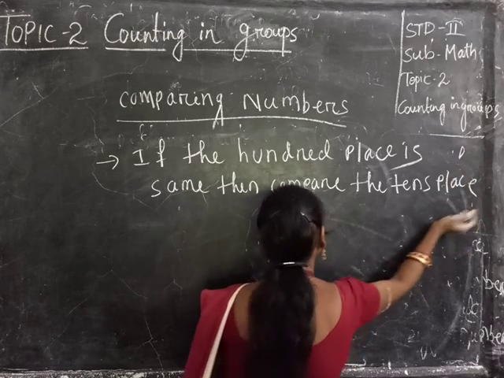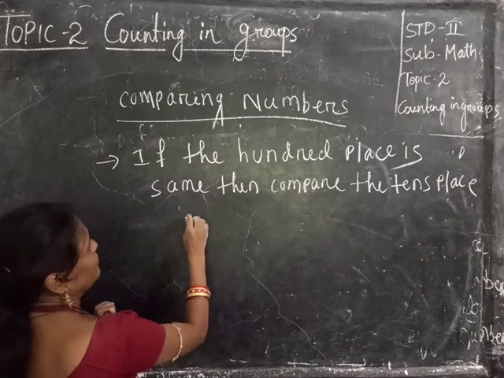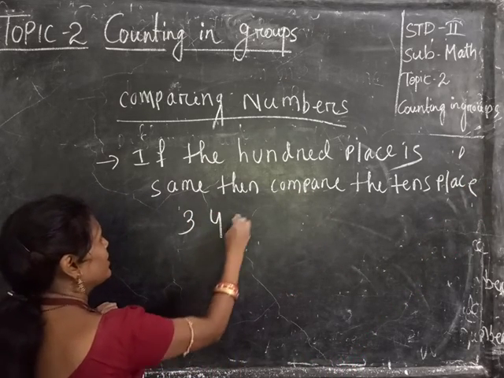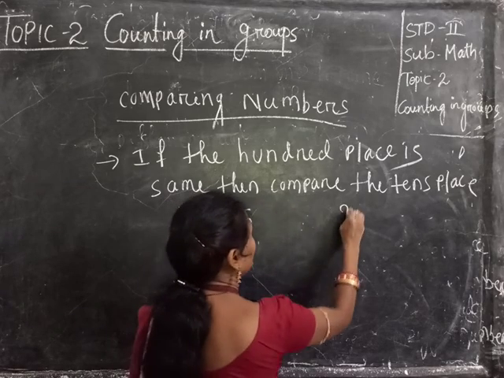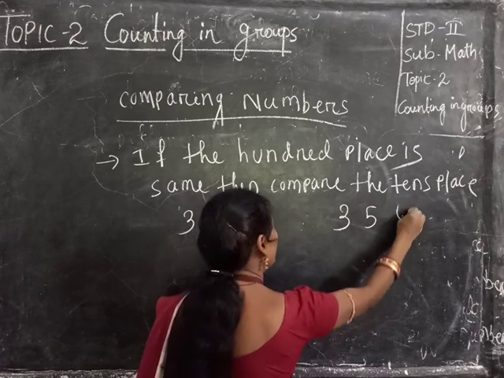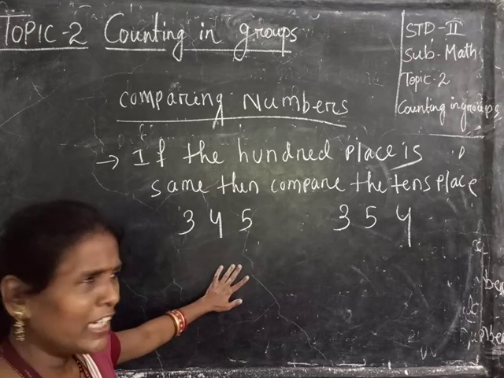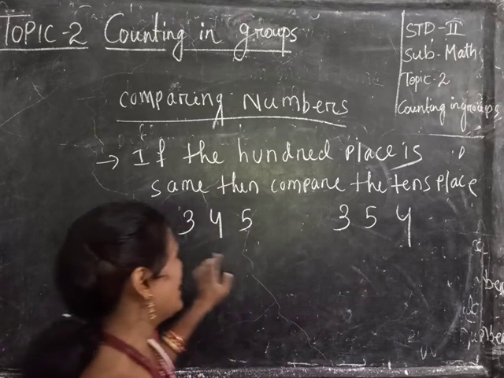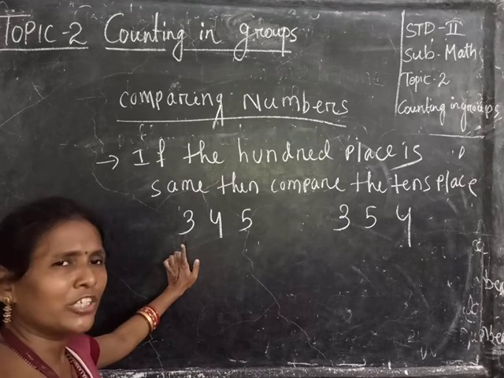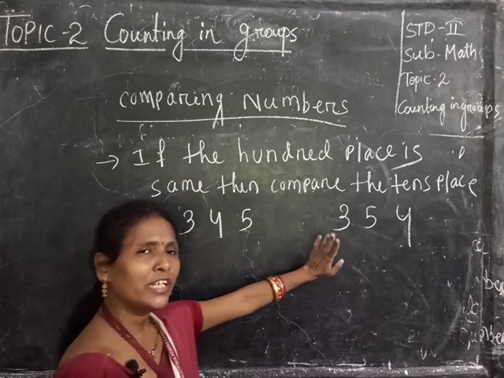Okay, so let us see how. You see, if I write 345, here I will write 354. Now tell me students, here also 3 digit, here also 3 digit. So in this also, this 3 is in 100 place, here also 3 is 100 place.